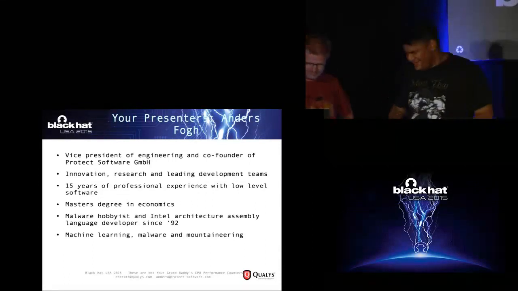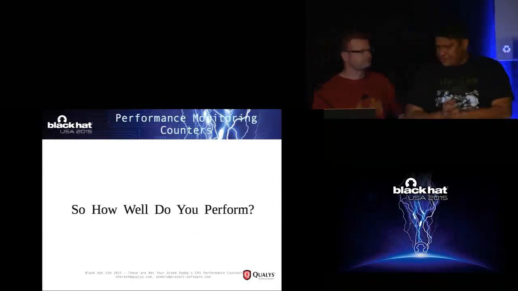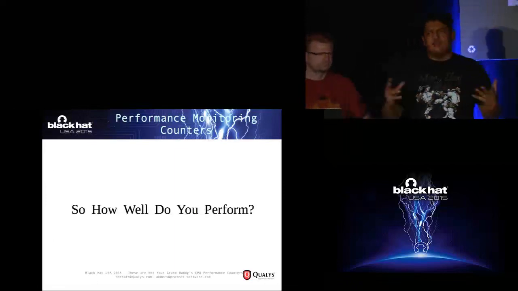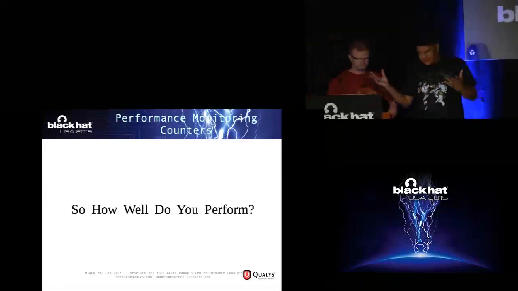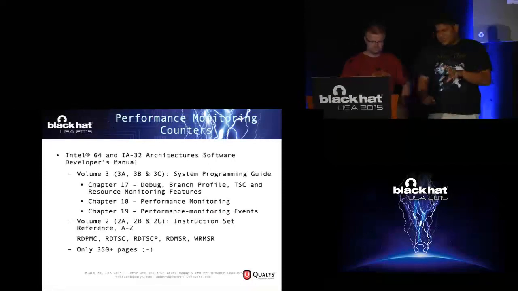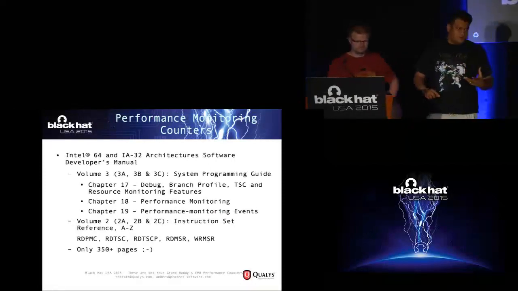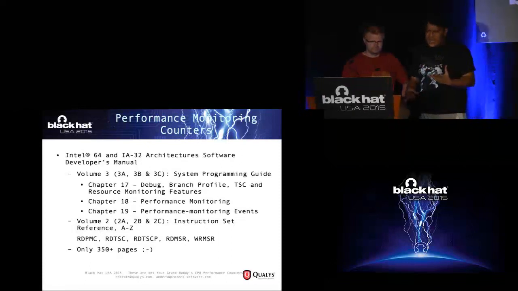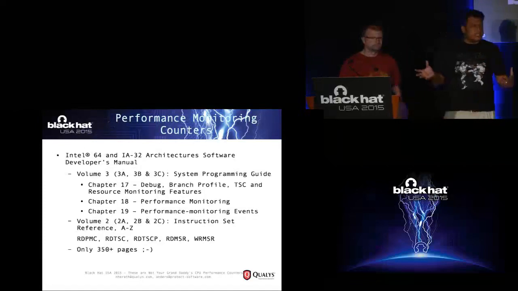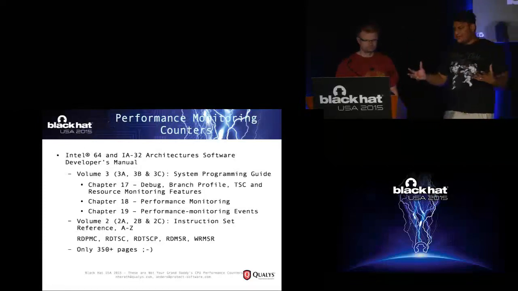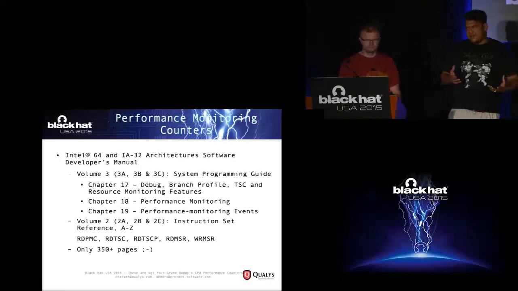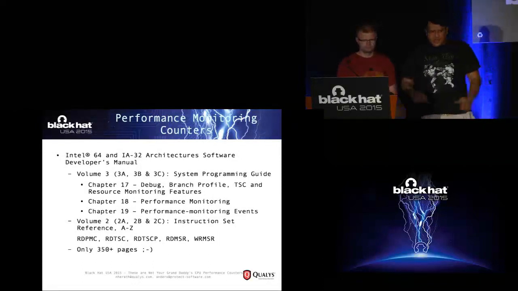Okay, so first we are going to discuss the how, the why, and where these performance counters really come from. To get a better understanding of the features and what is possible there, the nitty-gritty differences between different core architectures, different versions, the best source of information is the Intel manuals.